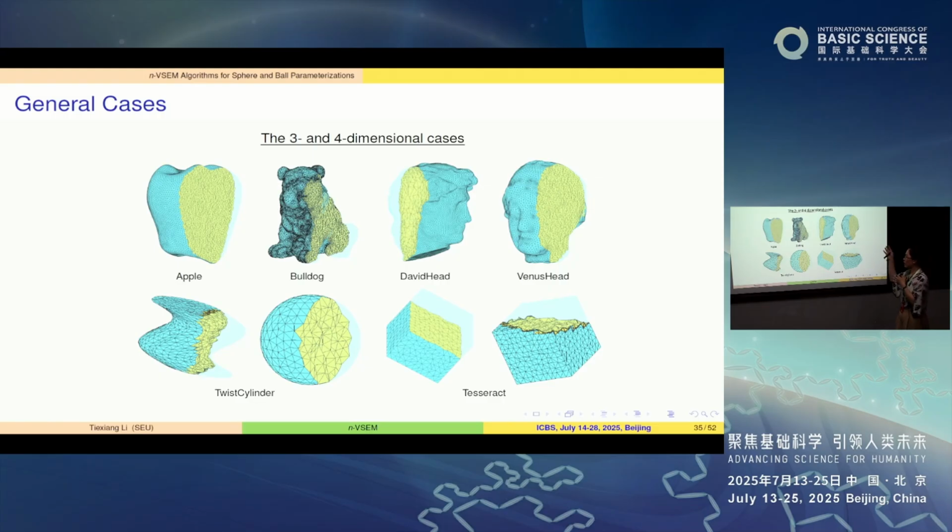But actually, I have to say, the existence of a mass preserving map cannot be guaranteed. Maybe there is no mass preserving map.